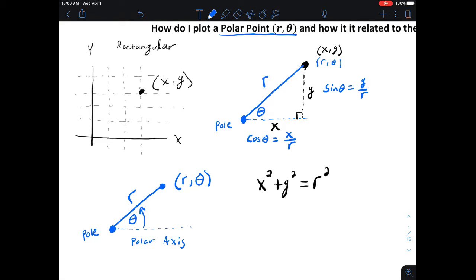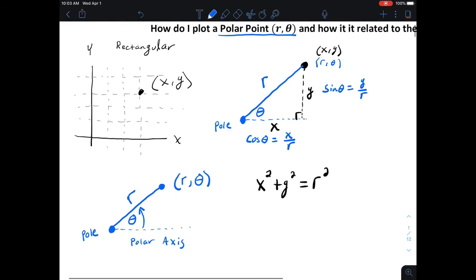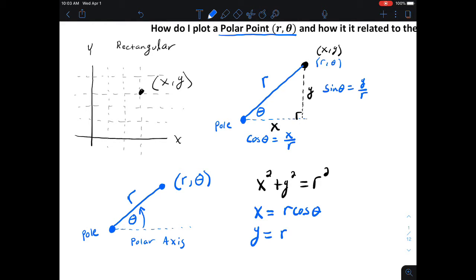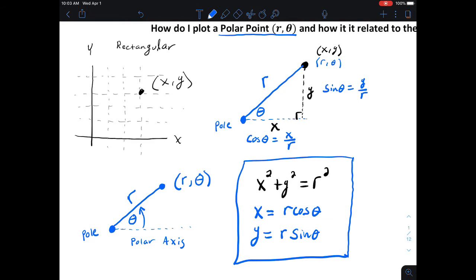If I multiply both of those right triangle trig expressions by r, moving r to the other side, we would get two more conversion formulas, where x equals r times cosine of theta, and y equals r times sine of theta. We would use those conversion formulas in a future video.